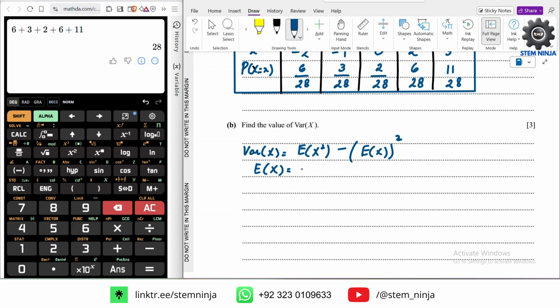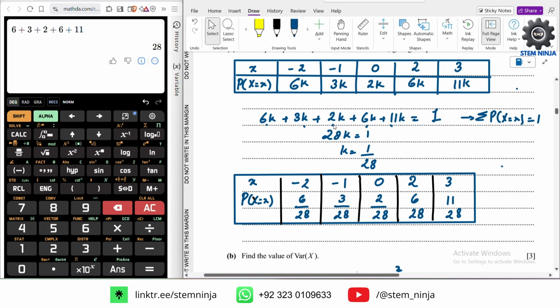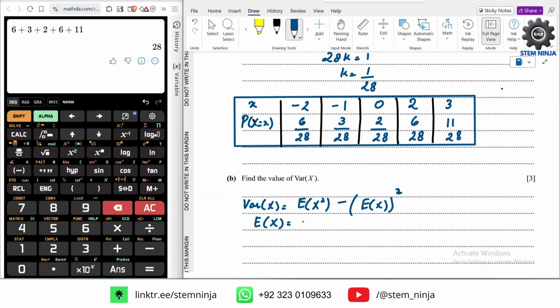So E of x would be: you have -2 times 6 over 28 plus -1 times 3 over 28 plus 0 times 2 over 28, then you have 2 times 6 over 28 plus 3 times 11 over 28.